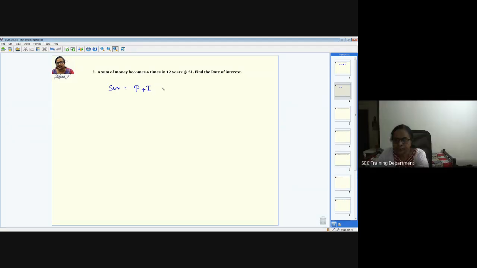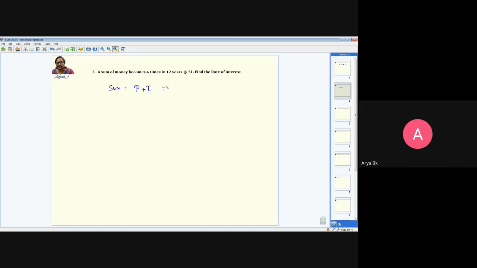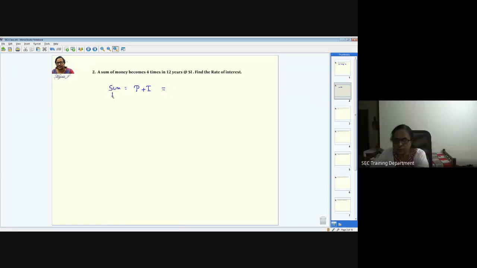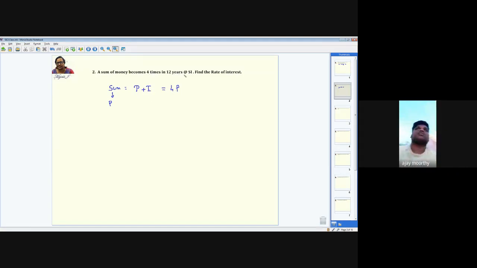And it is said that this becomes how many times? 4 times. So the initial amount you had was the principal, and after some time, with the interest, that becomes principal plus interest, which is your sum, and that is going to be 4 times. So it's going to be 4P. Whatever sum you have becomes 4 times the principal in 12 years.